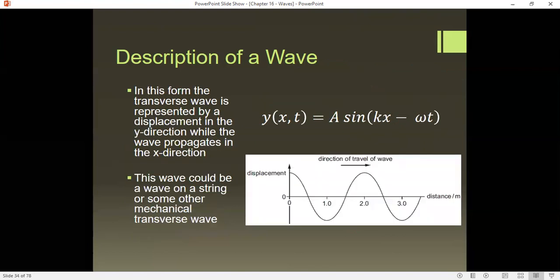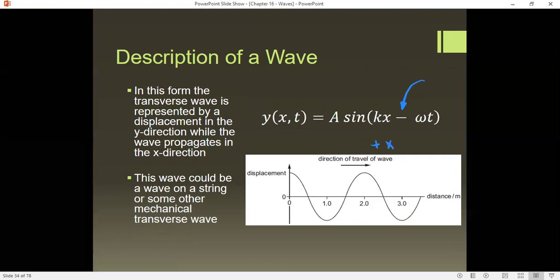So this is what it would look like if I graph it. Once again, this is slightly different than what we've seen earlier. We changed the plus sign to negative here, and what this is going to allow it to do is oscillate in the positive x direction. Actually, what you're seeing here is at a later time.